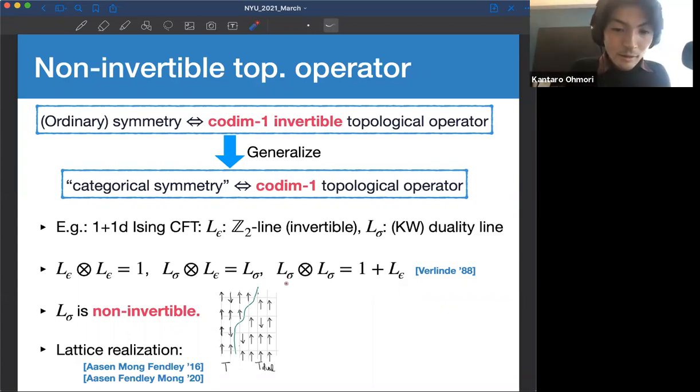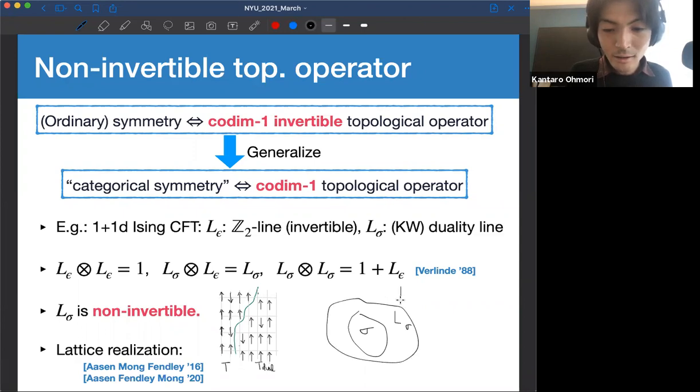In this particular case, consider the spin measuring operator sigma, and I can draw some sigma and some L sigma here. And L sigma itself is the dual.